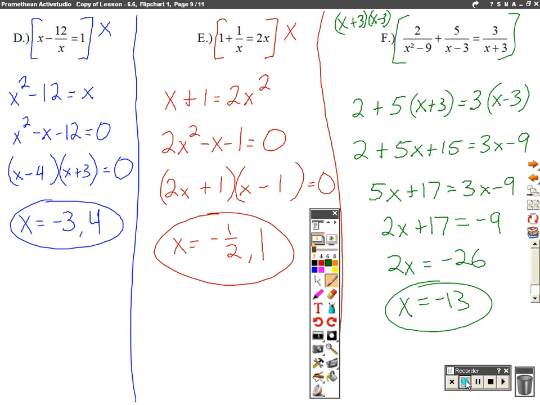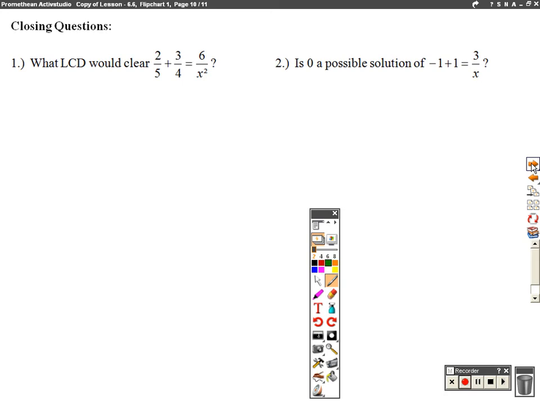There are the answers to D through F. Go ahead and check to see how you did. And try the closing questions.